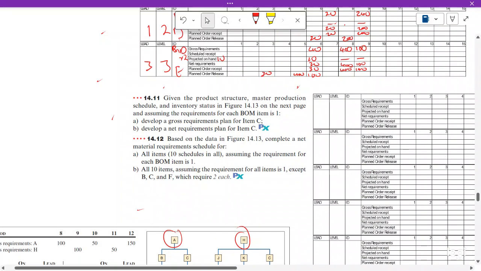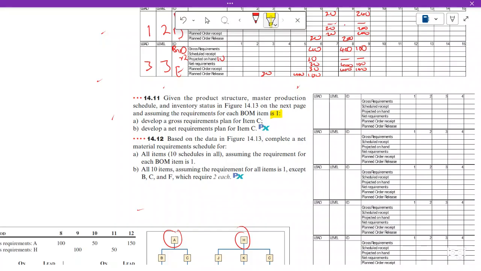The given structure is a master production schedule and inventory status. On the next page, assuming that all the items are 1, meaning that multiply by 1 for all of them. That's the beauty about this question.